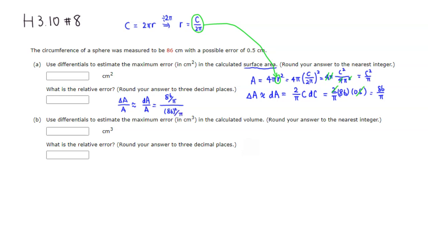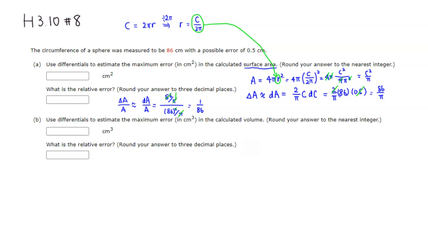You can multiply top and bottom by pi to cancel the pi, and divide top and bottom by 86, so one of them cancels out. You're going to have 1 over 86.